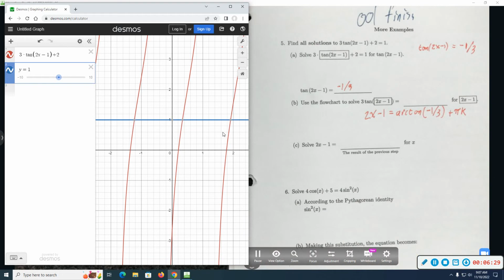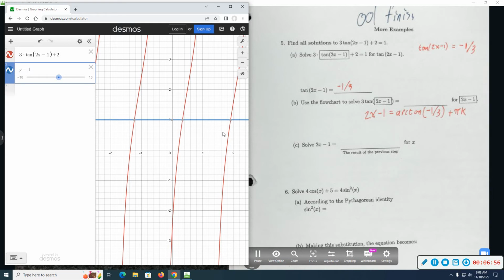Before we proceed, is there any simplification we should do? So the first thing to ask is that negative 1/3, is that a number that you know an angle whose tangent is? Do you know an angle whose tangent is negative 1/3? No, it's not on the unit circle. That would be like root 3 and 1 over root 3 that you could get, or plus or minus that.